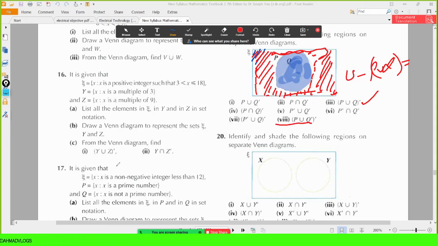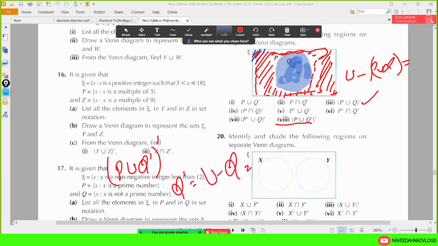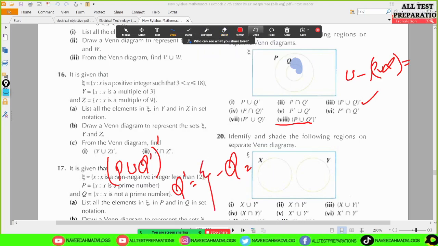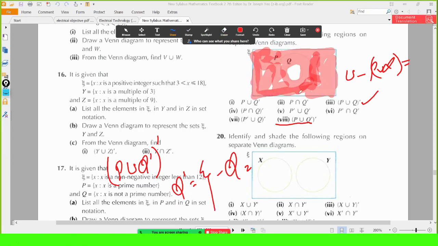In this case, P union Q bar whole, first of all you need to find Q bar, which is equal to U minus Q. So shade it, use epsilon here. So first of all, we need to shade that region. This is your Q bar, okay.